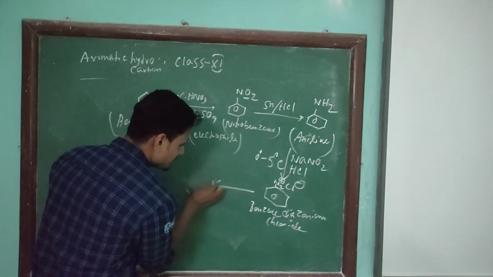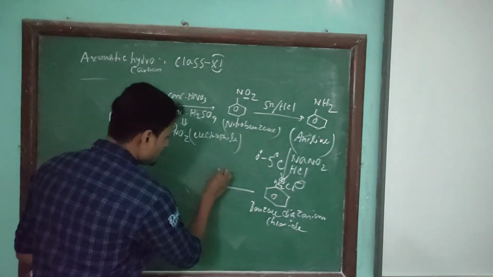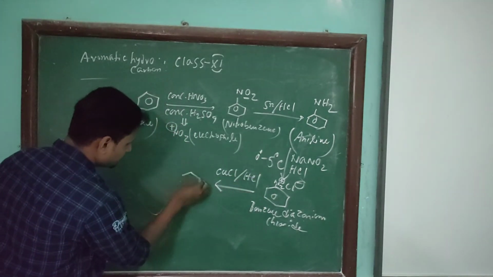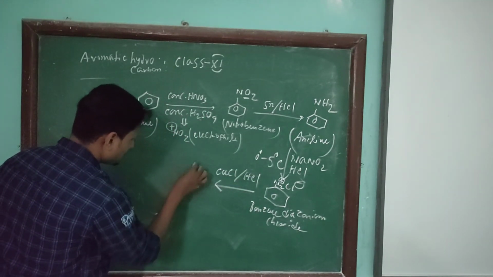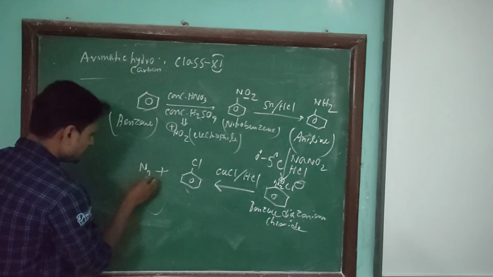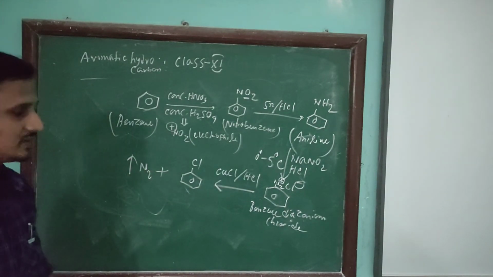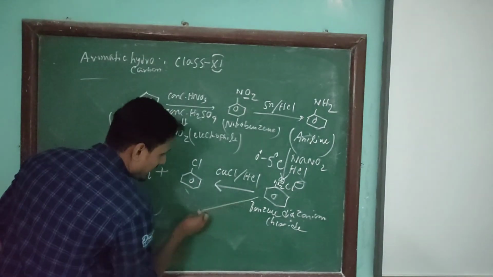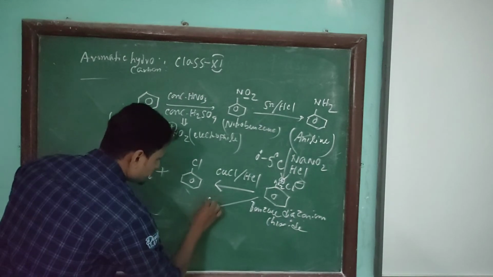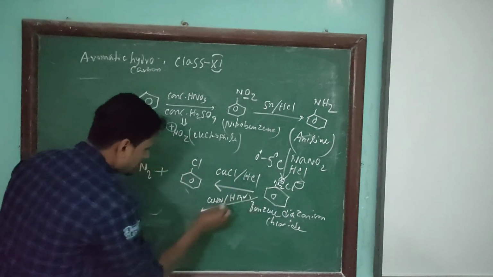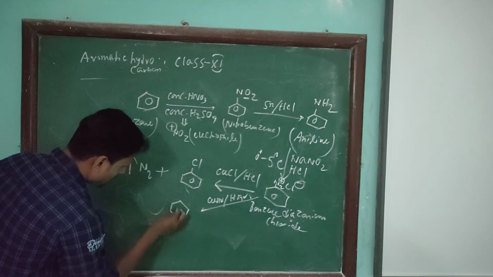Now, when this benzene diazonium chloride reacts with copper chloride in the presence of HCl, it will form chlorobenzene. With that, nitrogen will be released. Again, in this benzene diazonium chloride, if you add CuBr and HBr, you will get bromobenzene.